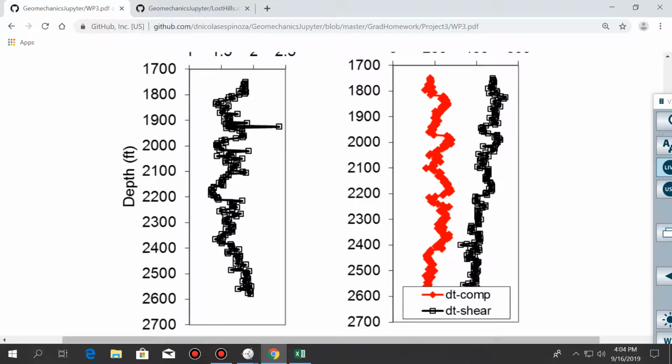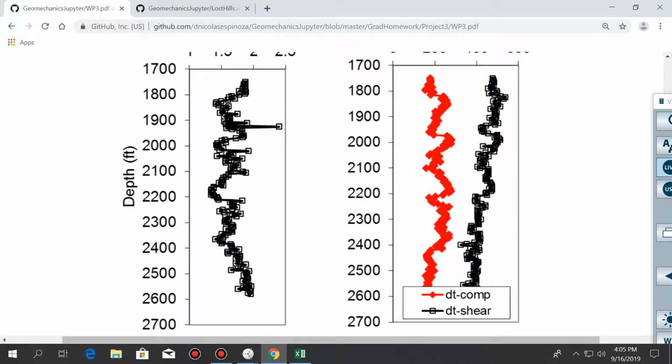Based on that, we're going to tell how stiff are the rocks, and based on the Young modulus and the Poisson ratio, and using the theory of linear elasticity, we're going to tell what are the horizontal stresses, assuming that we have a tectonic strain due to the movement of tectonic plates. So that's the direction in which we are going.